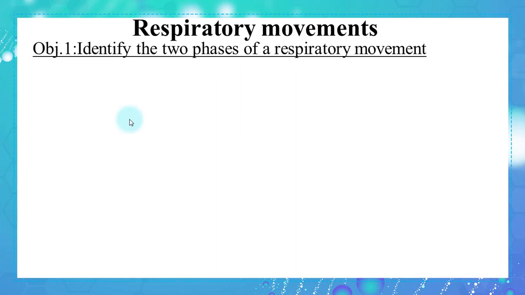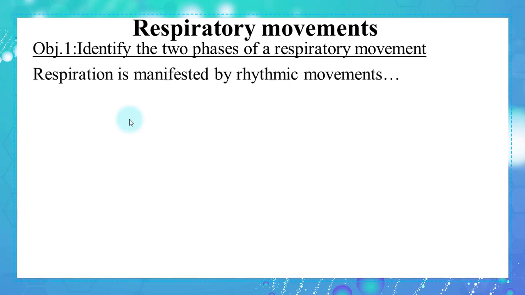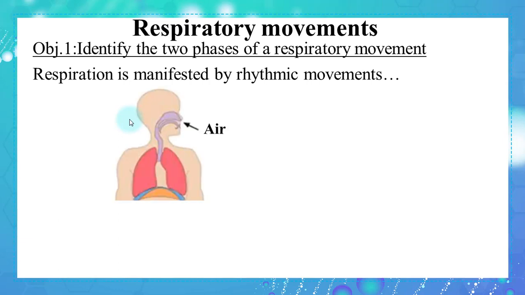We will start with the first objective, which is to identify the two phases of a respiratory movement. Respiration is manifested by rhythmic movements, as we know. Let us observe this figure. What does it show? The direction of this arrow shows that the air is entering the human's body.